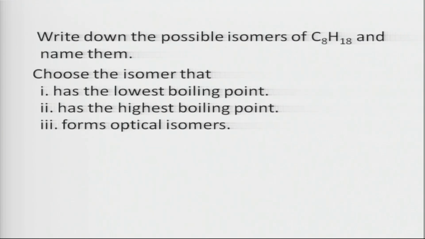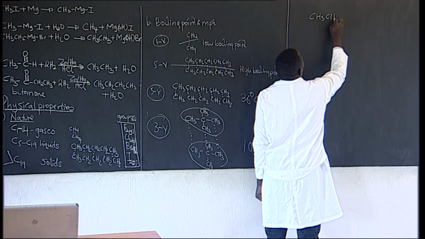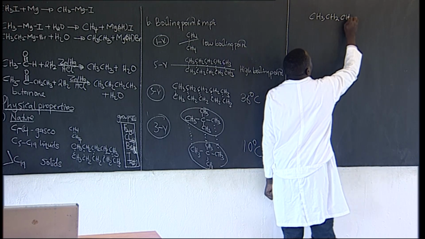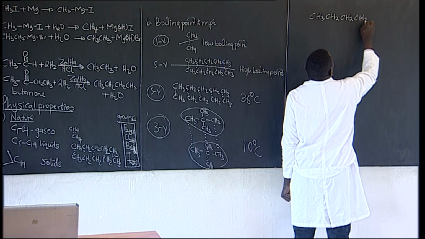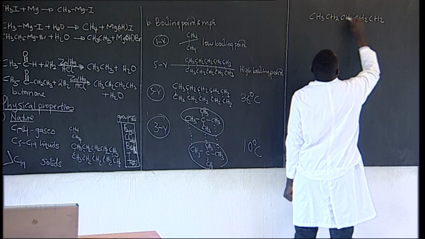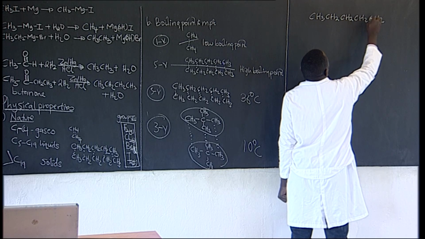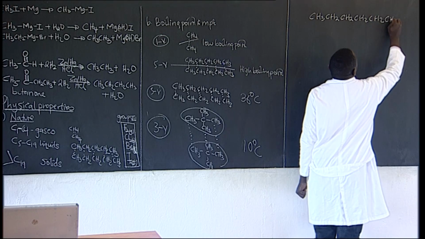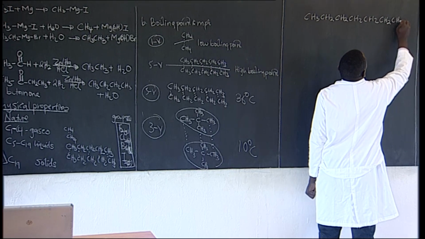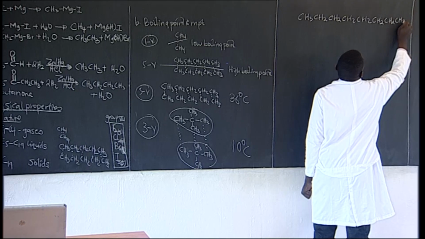When you're writing isomers, it is good for us to know that we normally begin with our straight chain isomers. We may not name them, but you will give names. So this is our first isomer: 1, 2, 3, 4, 5, 6, 7, 8, straight chain.